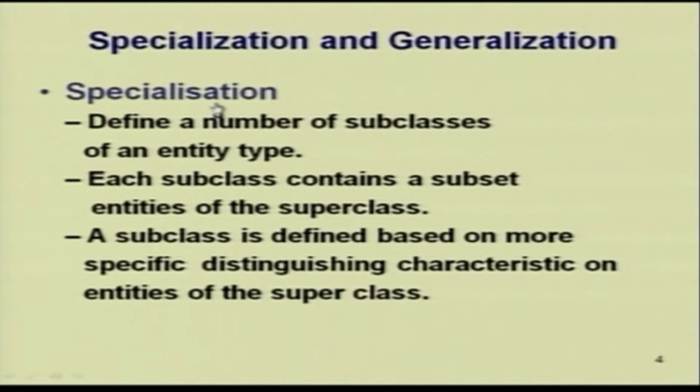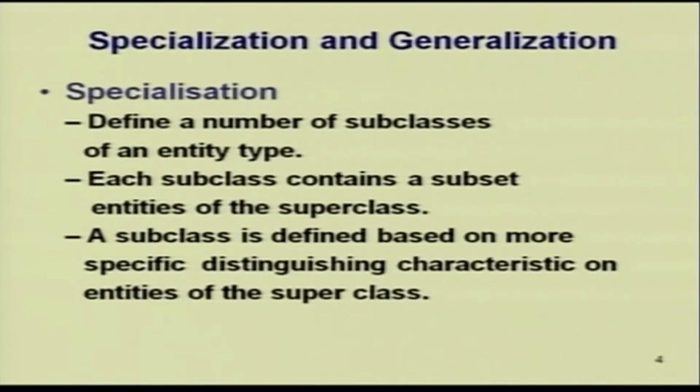So, let us first take specialization. Specialization defines a number of subclasses of an entity type, and each subclass contains a subset of entities of the superclass. Now this is where it is important: last lecture we saw about subclasses, but here we are saying that a subclass is defined based on a more specific distinguishing characteristic of the entities of the superclass.